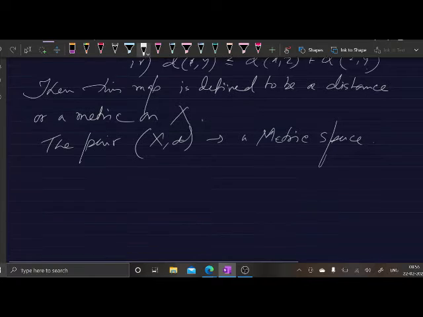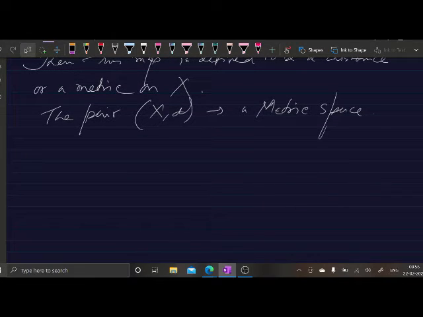Now, having defined this as a metric space, you can easily define some important sets in X.